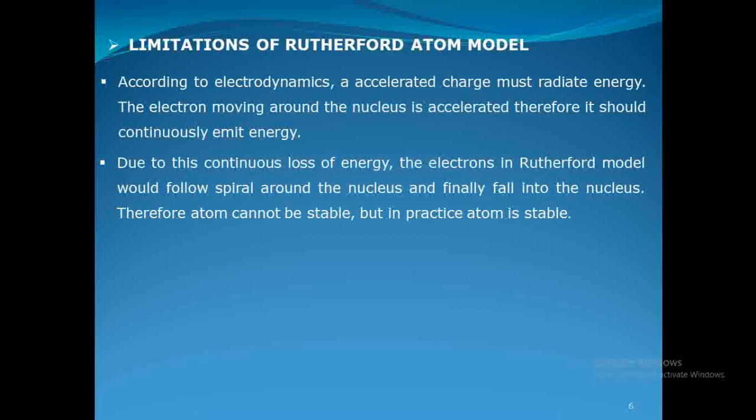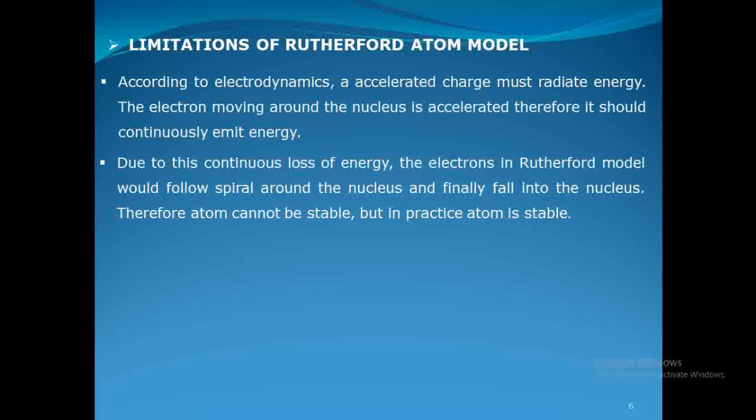One more thing is that it could not explain the stability of the atom. Why is Rutherford unable to explain this? According to electrodynamics, any continuously accelerated charge will give out energy continuously. So the electron will lose its energy step by step, follow a spiral path, and finally fall into and collide with the nucleus.